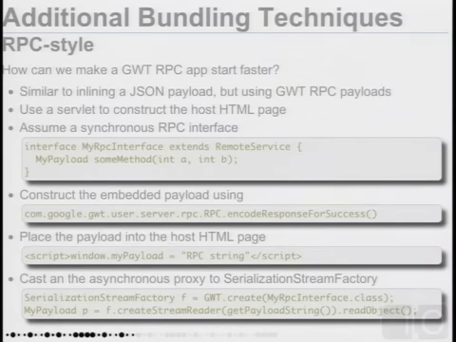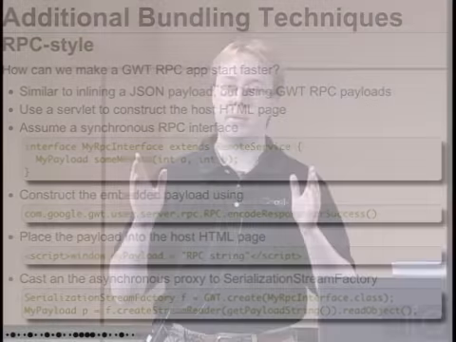Take it and give me the string that is the serialized version of this object graph. And it'll do its thing, and you get a string. And you can take this string literal and simply stick that into the outer HTML page as a string constant.